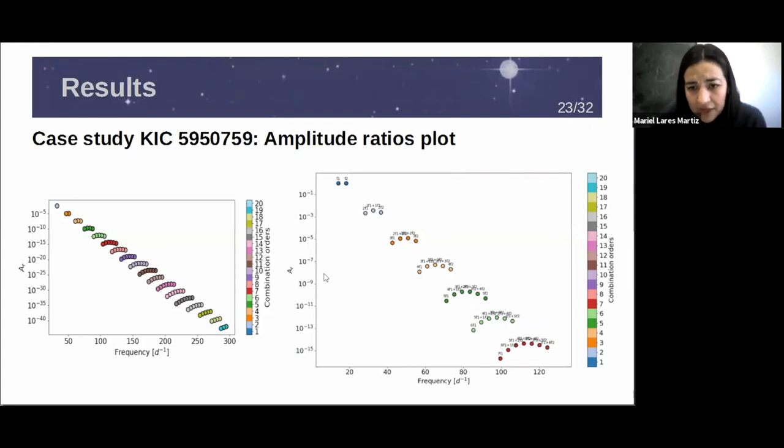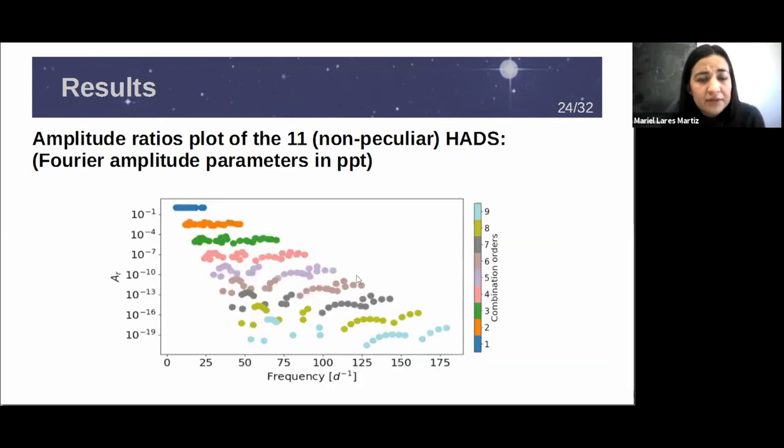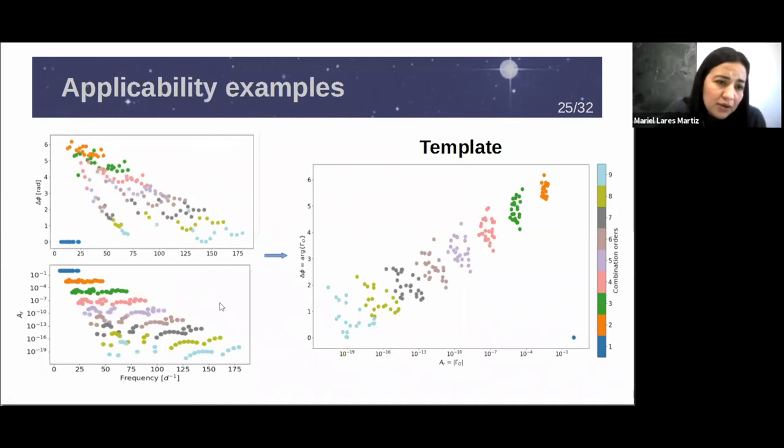We obtain a very regular pattern again, so we want to check if the 11 non-peculiar high amplitudes are also regular. So we obtain this result, very linear for each order. And so when we have these results, we could almost see that they are independent of the frequency.